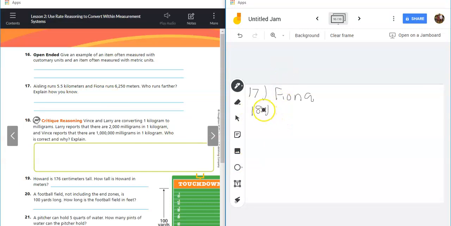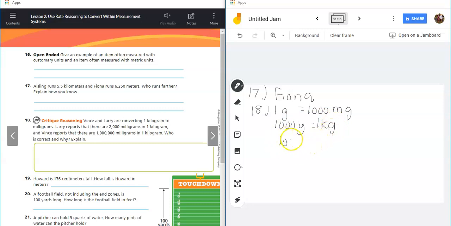18. Vince and Larry are converting 1 kilogram to milligrams. Larry reports that there are 2,000 milligrams in 1 kilogram, and Vince reports there are 1 million milligrams in 1 kilogram. Who is correct? So in 1 gram, there are 1,000 milligrams. So 1,000 grams equals 1 kg.